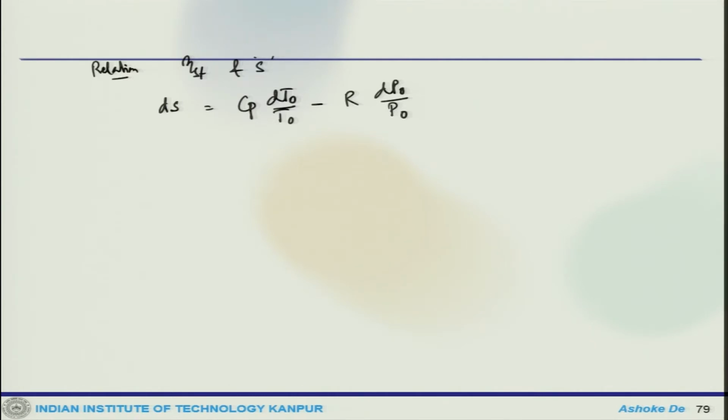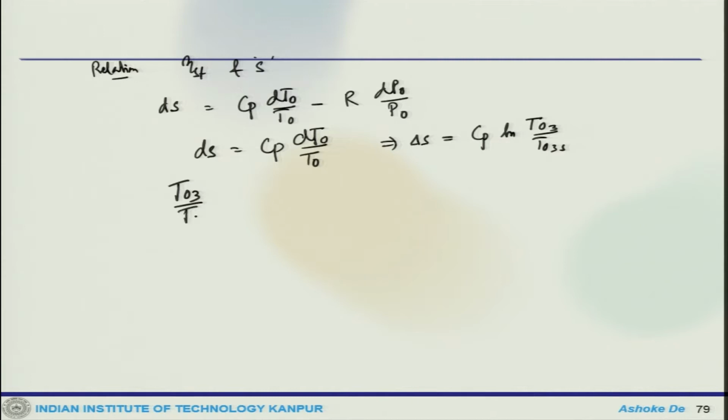It corresponds to the same pressure curve. So ds is Cp dT naught by T naught, which means delta S is Cp ln T naught 3 by T naught 3S. One can write T naught 3 by T naught 3S is e to the power delta S by Cp.